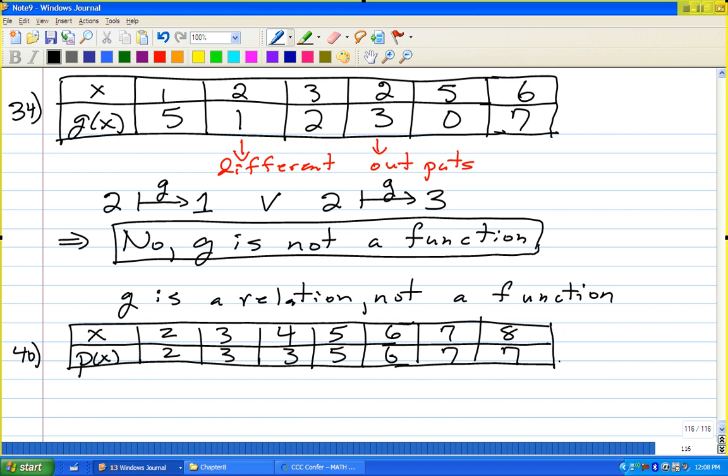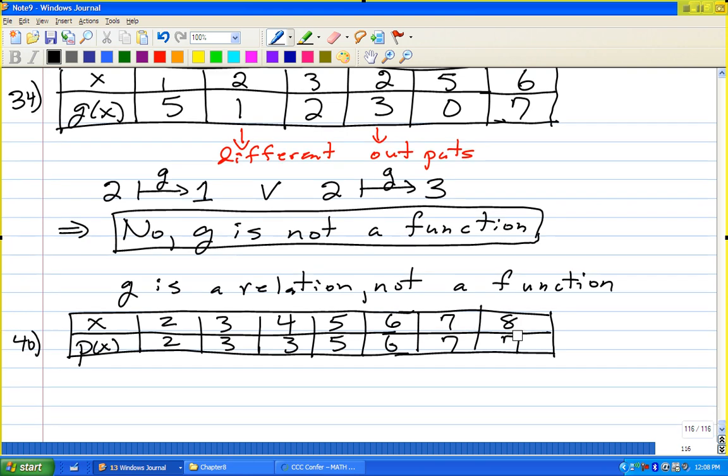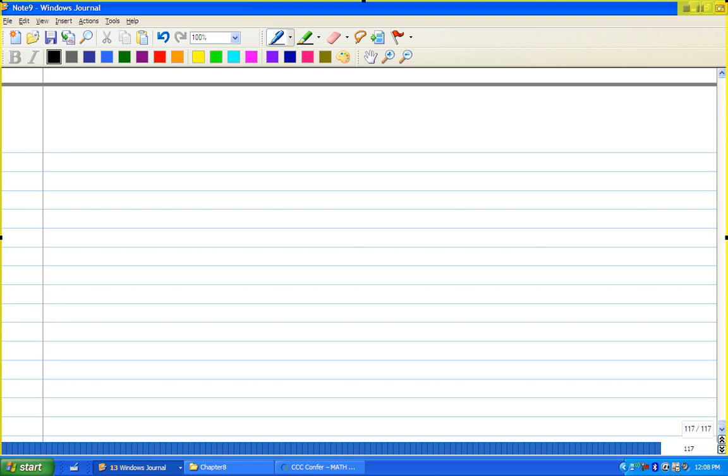Okay, so now if I look here, each of my x's are distinct. Each of my first coordinates are distinct. So therefore, yes, P is a function.